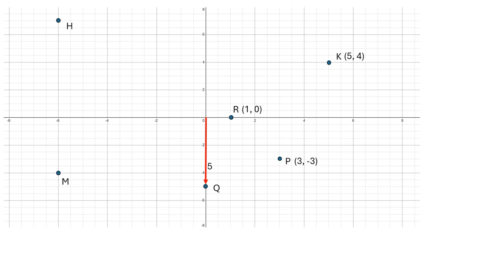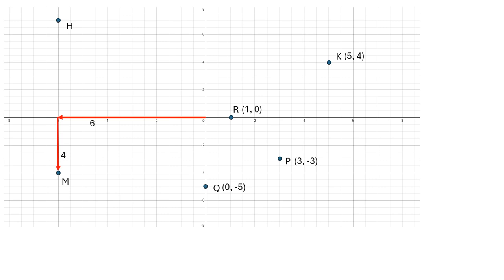The point Q has no movement along the x-axis at all, so we refer to that as 0. But it goes down 5 units along the y-axis, so the coordinate for Q becomes (0, -5). For M, for the first time we're moving left along the x-axis, 6 units, and then down 4 units along the y-axis.